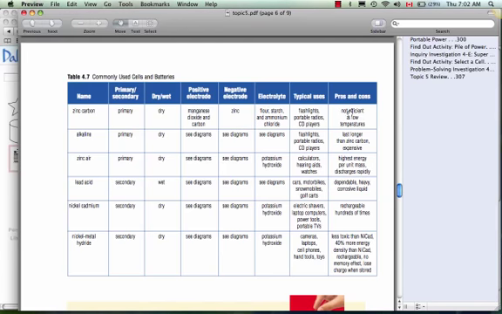The primary cells, as you can see, we can't recharge, and they're used a lot in flashlights. Zinc with air is really tiny, and so they're used in hearing aids and watches. Then there's a lead acid battery, which is a secondary cell, and it's used in cars and motorbikes and so on.